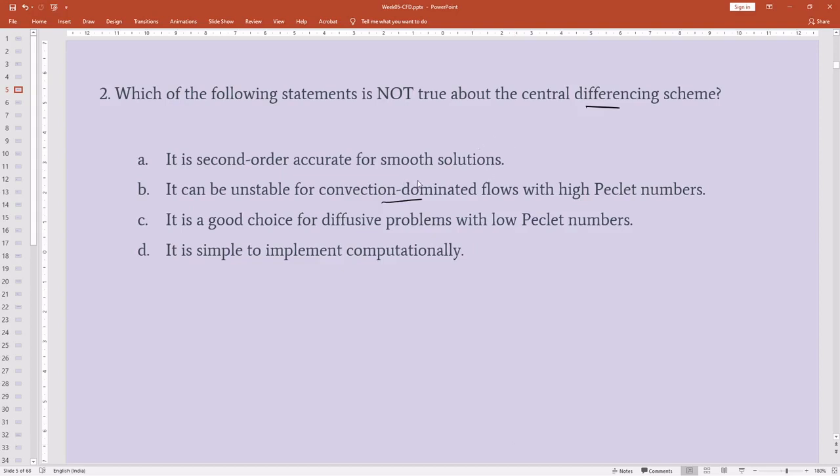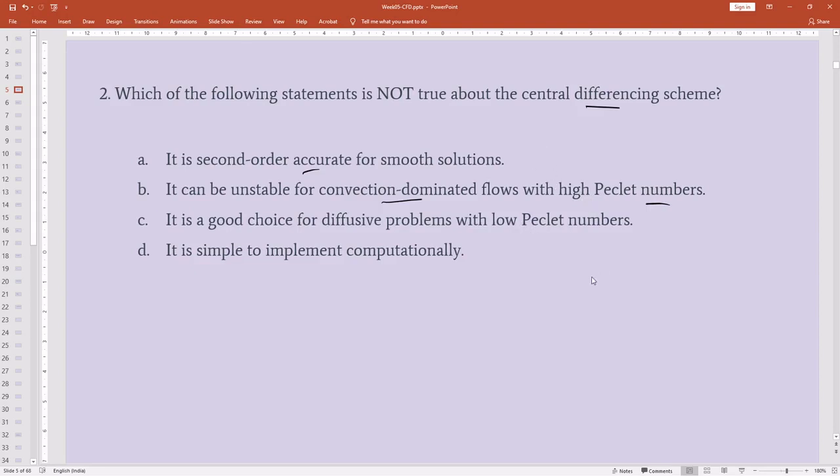So our options are: it is second order accurate for smooth solutions; it can be unstable for convection dominant flows with high Peclet numbers; it is a good choice for diffusive problems with low Peclet numbers; it is simple to implement computationally. So, do you know what the Peclet number is?